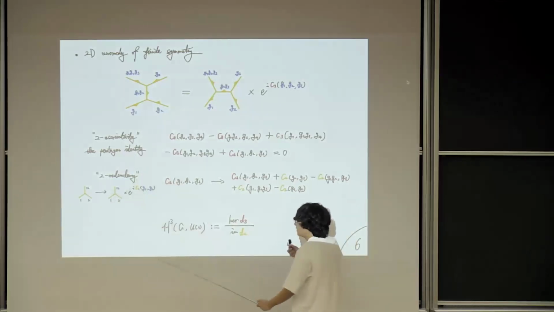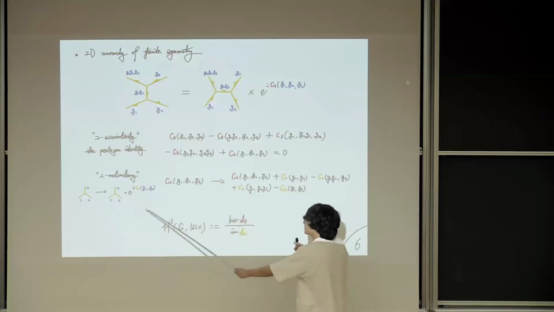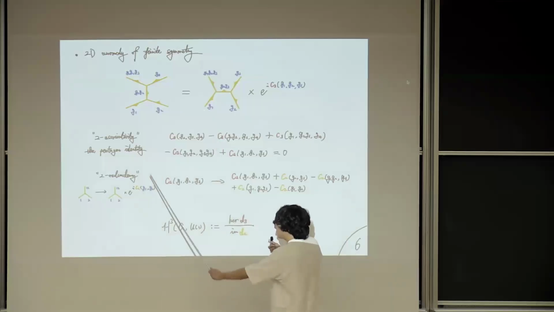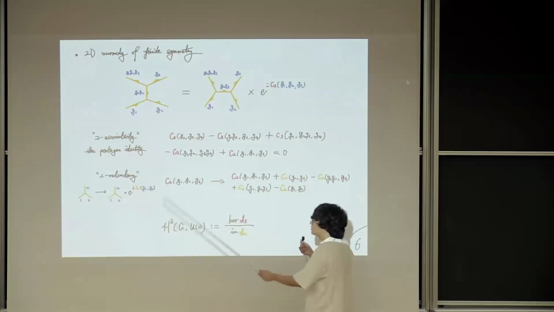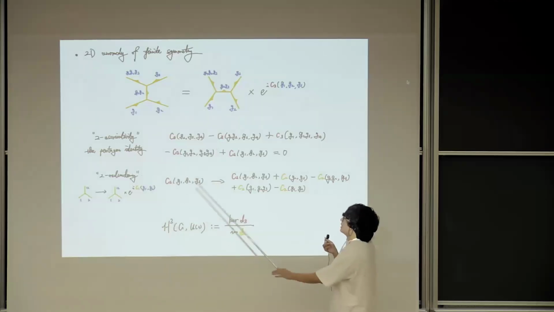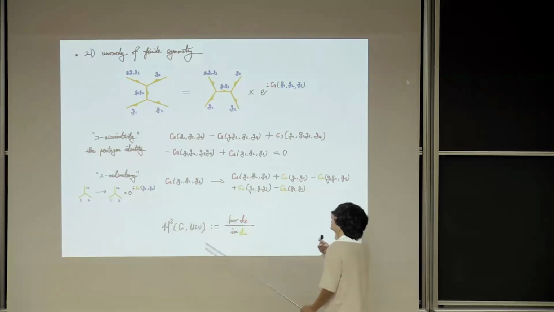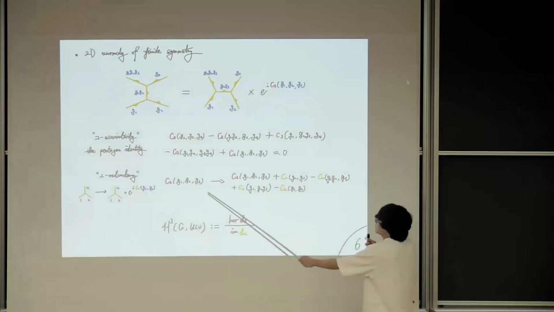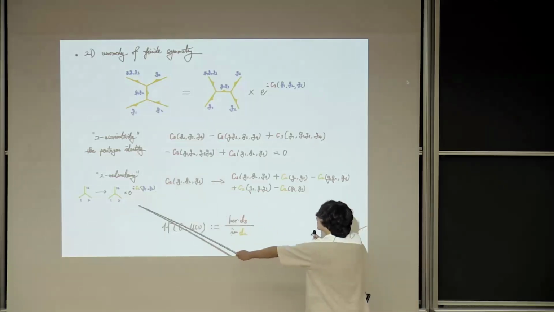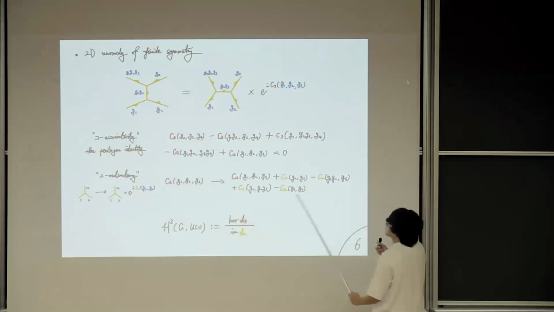But here, in 2D, this factor is not the anomaly. It's actually the redundancy. It's generally true: something in lower dimension will become a redundancy in higher dimension. Then if we consider the transformation of C3 under this redundancy, we will get this equation.